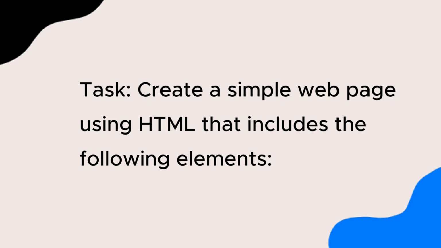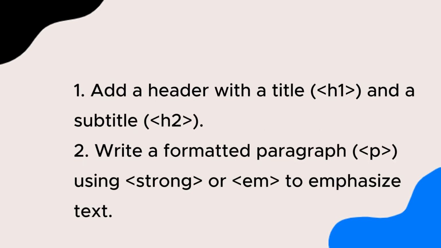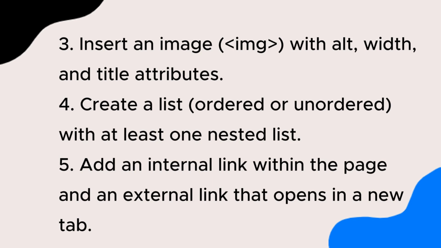Task: create a simple web page using HTML that includes the following elements. 1. Add a header with a title H1 and subtitle H2. 2. Write a formatted paragraph with the p tag using emphasis, strong or EM, to emphasize text. 3.